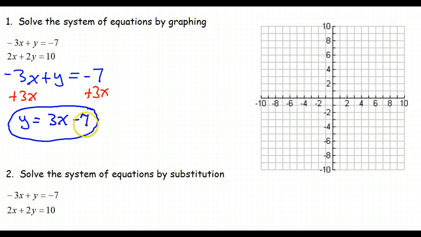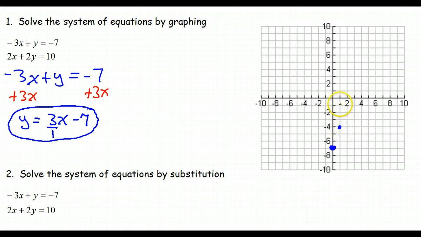To graph an equation, the easiest thing to do is to start with the y-intercept, the negative 7. So that tells us that the line is going to cross the y-axis at negative 7, so put a dot. Now the slope is 3, which you can think of as 3 over 1. This is rise over run. So that's going to be up 3, right 1. Starting from the y-intercept, if I go up 3, right 1, that'll be on the line.